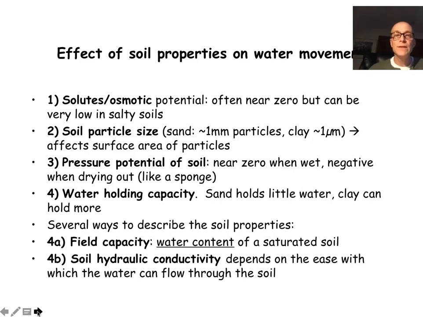Then you have reached the field capacity of that particular soil. And again, for sand, that's very low. For clay or for organic material, potting soil and so forth, it's much higher. And the soil hydraulic conductivity is something else we'll also discuss in a second. That is a unit that depends on the ease with which water can flow through soil. So let's take a look at that.